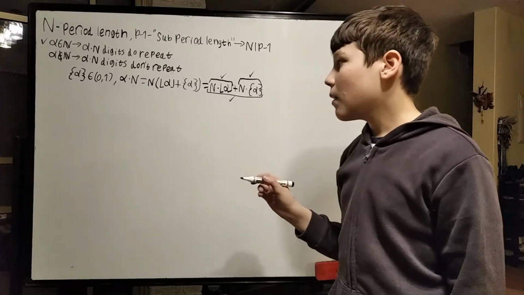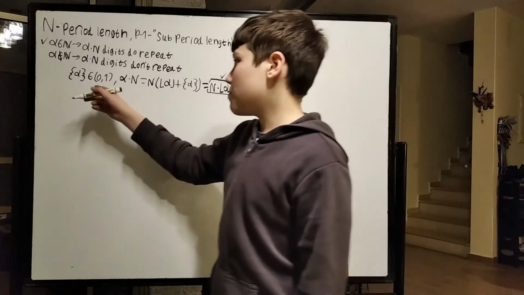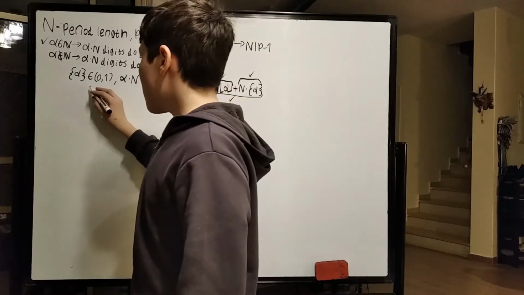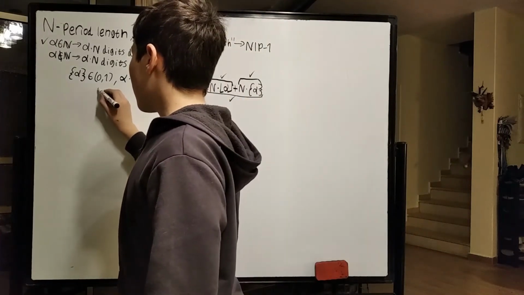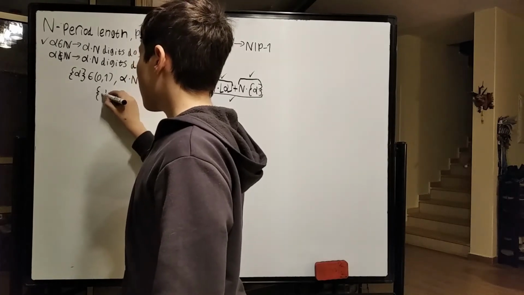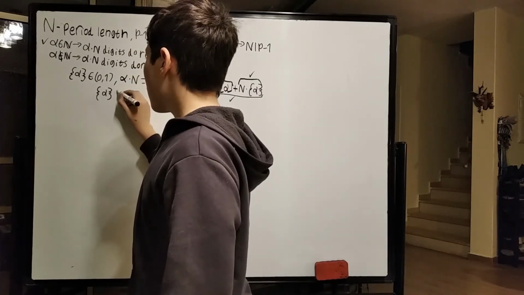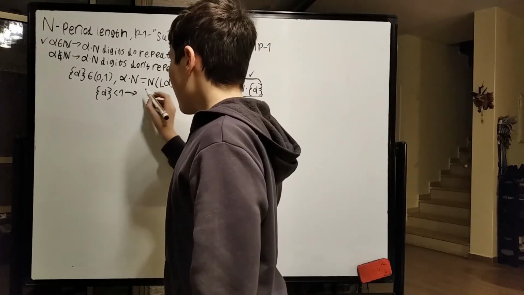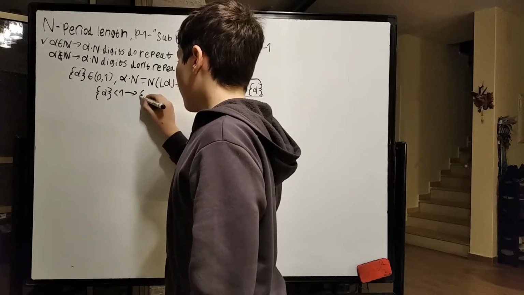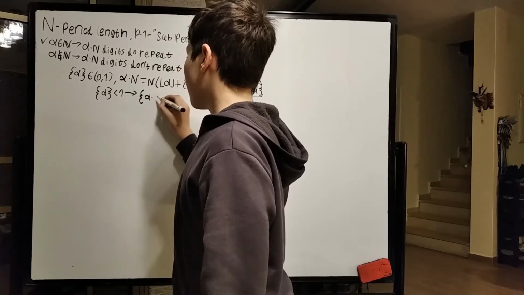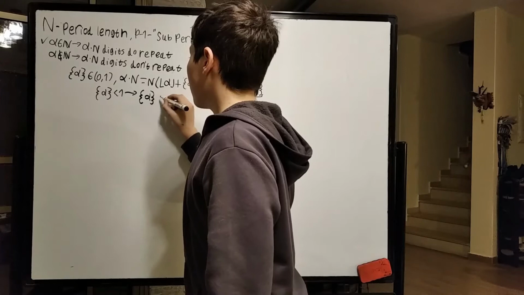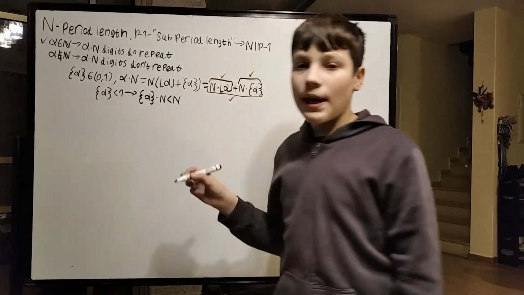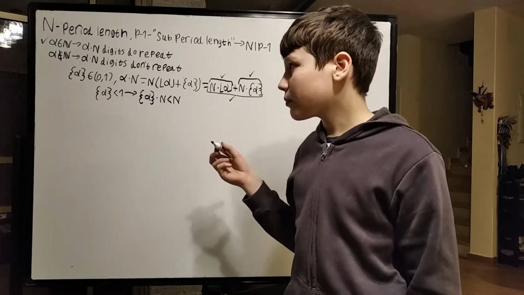But now, alpha is in the range between 0 and 1, meaning that the fractional part of alpha is smaller than 1, meaning that we have the fractional part of alpha times n is smaller than n. And here's our contradiction.